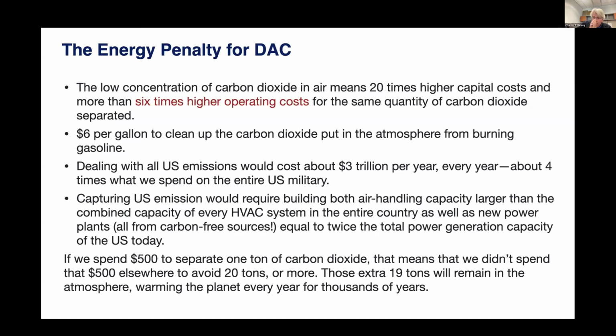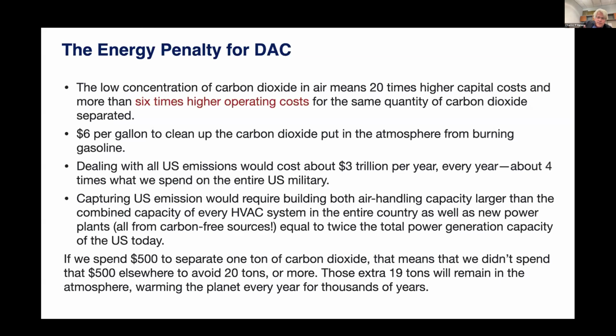The way I'd like to describe the opportunity cost here is that if we spend $500, which is at the low end of the cost of direct air capture, we can get 1 ton out of the atmosphere maybe. If we had spent that elsewhere on any number of other well-known projects, we could get 20 times as much.